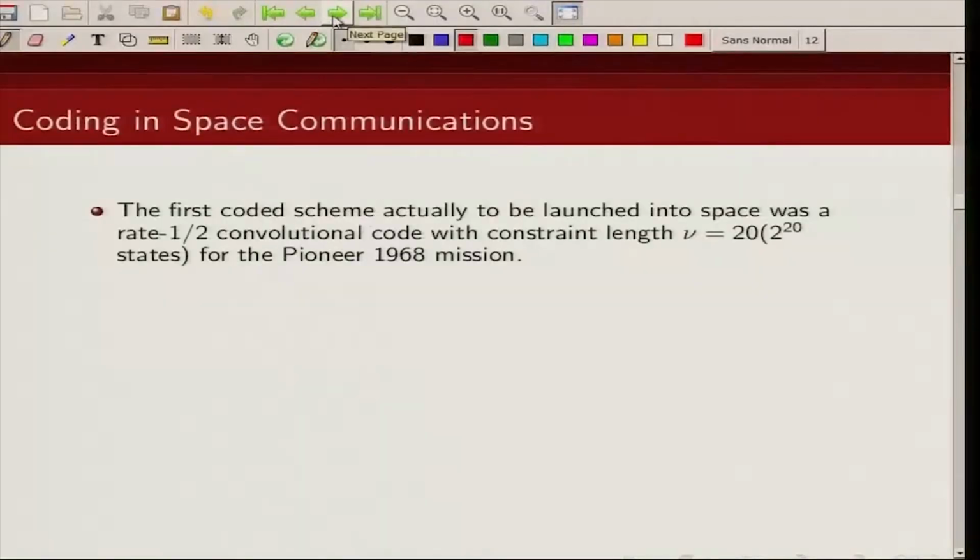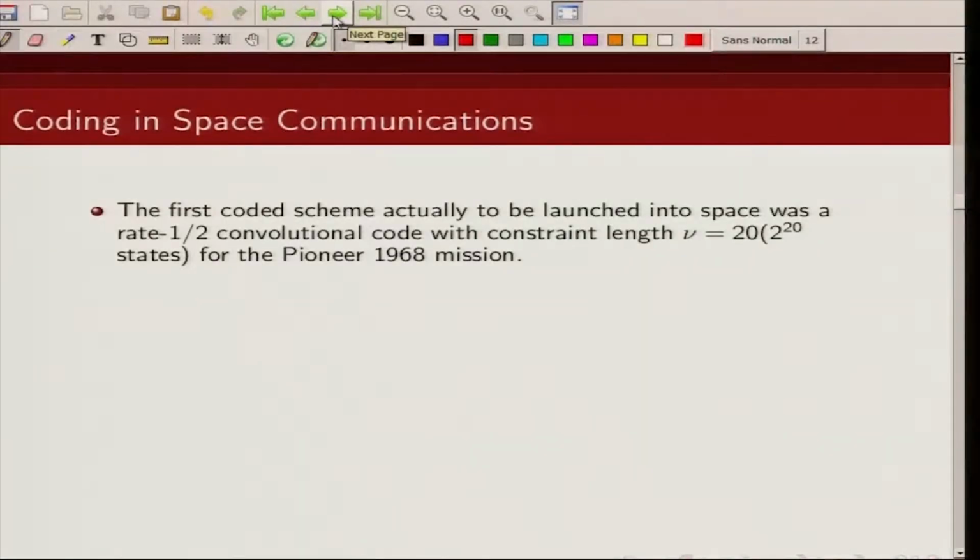And then finally around 1993 turbo codes were discovered and LDPC codes were rediscovered, and from the late 90s onwards, early 2000s, people started proposing these codes for various standards, and they found applications in many communication standards. So that's a brief outline of how things have evolved over 50-60 years.